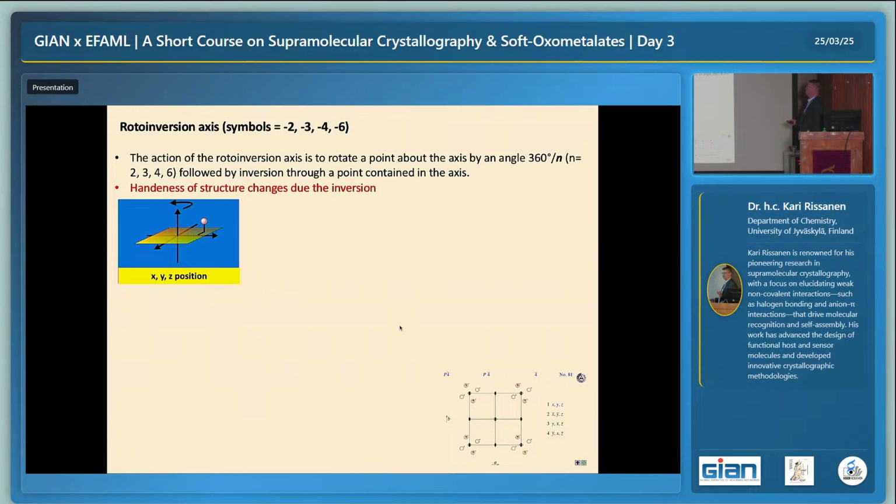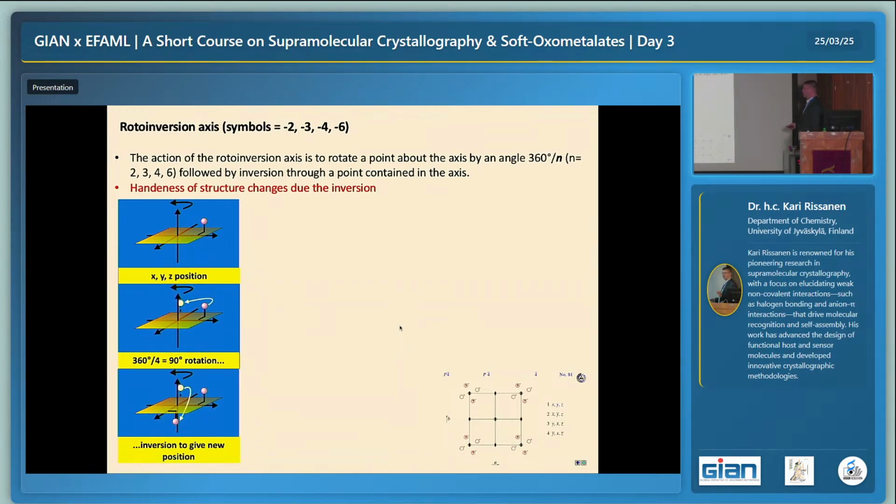And the roto-inversion is to rotate the point around the axis and then followed by inversion. So this is rotation inversion, and that's the roto-inversion axis. This is what it means. And the idea is that now the handedness will change. So we start from here, we rotate like this, and then reflect or invert through the center.